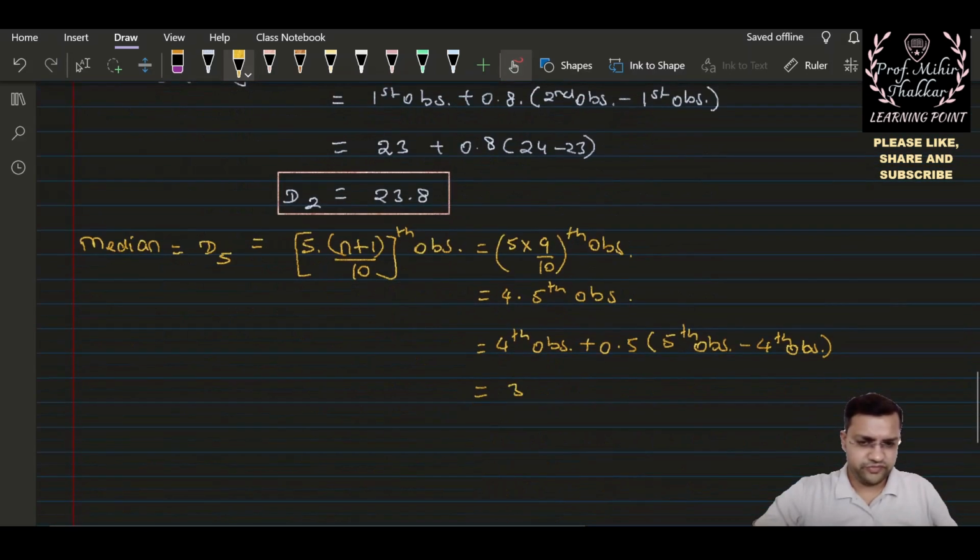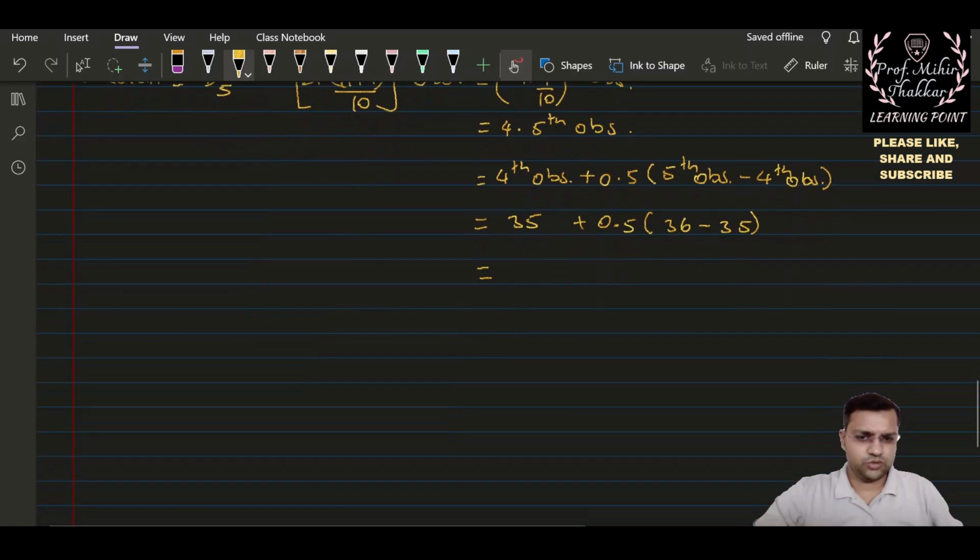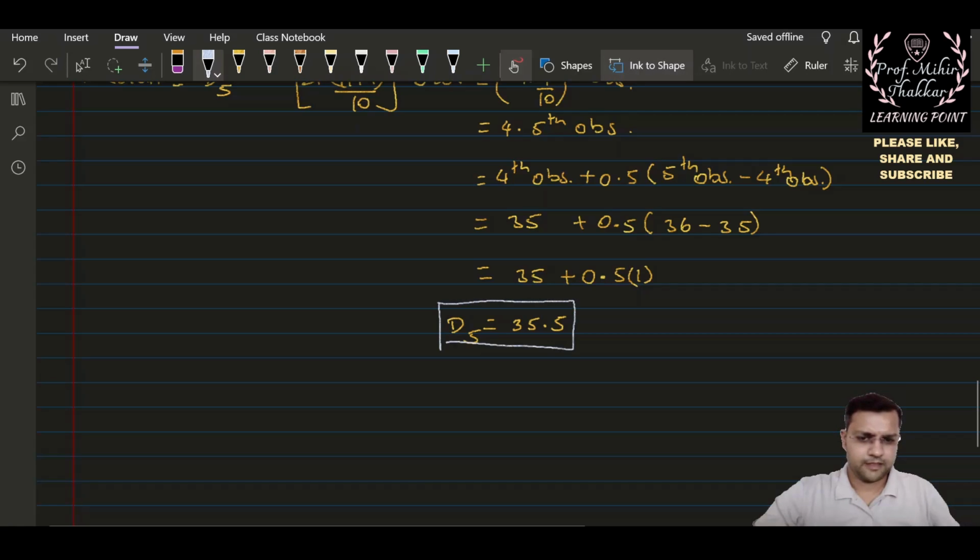So it is 35 plus 0.5 into (36 minus 35), which is equal to 35 plus 0.5 into 1, which is 35.5. This is the value of D5. So that is the easy way in which we can calculate the value of deciles for the raw data.